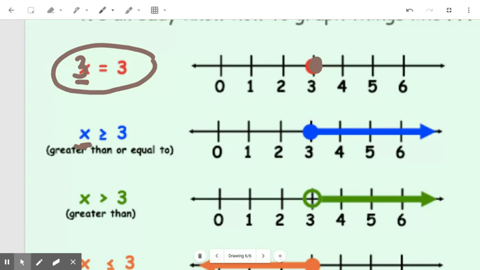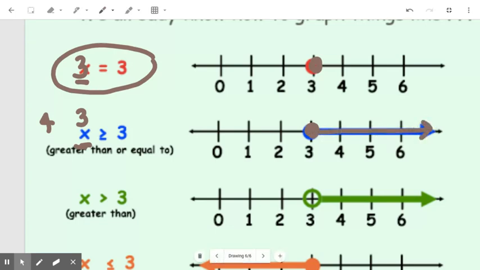If I ask you what numbers work, you would say, oh, Ms. Mac, 3 works because 3 is equal to 3. 4 also works because 4 is greater than 3. Remember, it can be either one. Basically, any number 3 or larger works. Because 3 works, we use a filled in dot. And because it can be anything larger, it's an arrow to the right.